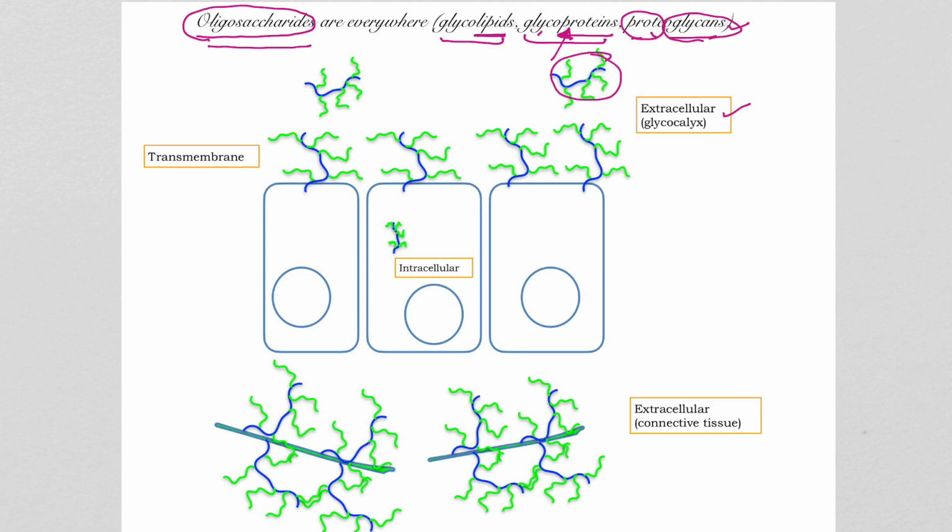They can be part of the plasma membrane. They can be inside the cells, intracellular. Or they can be in the connective tissue, another extracellular form, very, very rich in the connective tissue. So basically these oligosaccharides are everywhere in and outside your cells.